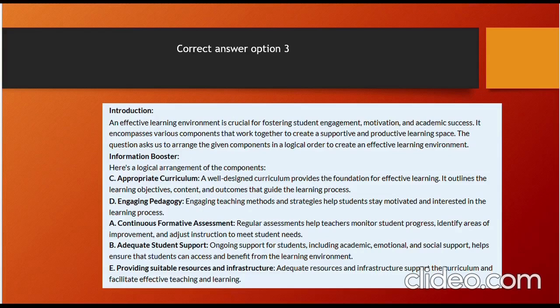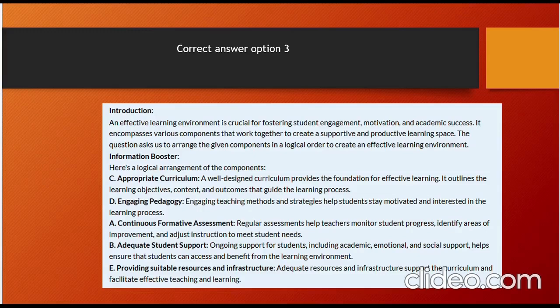Next comes B, that is adequate student support. Ongoing support for students, including academic, emotional, and social support, helps ensure that students can access and benefit from the learning environment. E, providing suitable resources and infrastructure. Adequate resources and infrastructure support the curriculum and facilitate effective teaching and learning.